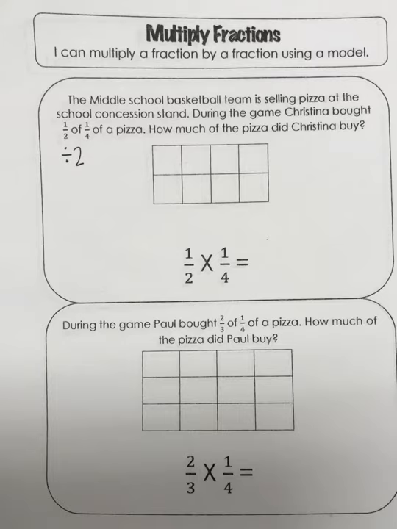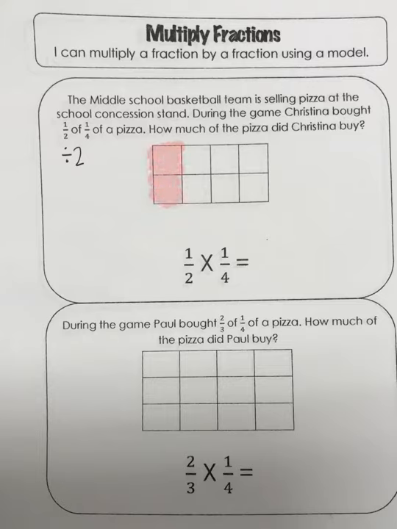Well, I'm going to show you what that looks like very quickly. We are not going to learn this year, but I'm showing you that when we multiply fractions, we are actually doing division. So let's back up real quick. In your model, using one color of your crayon, I want you to shade in the fourth of the pizza that's available to Christina to buy.